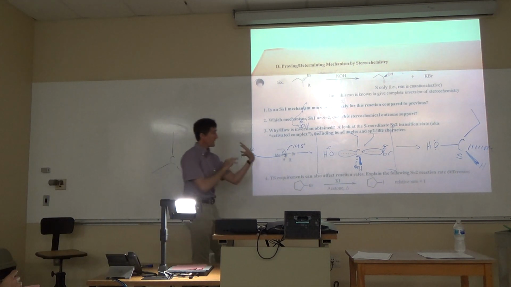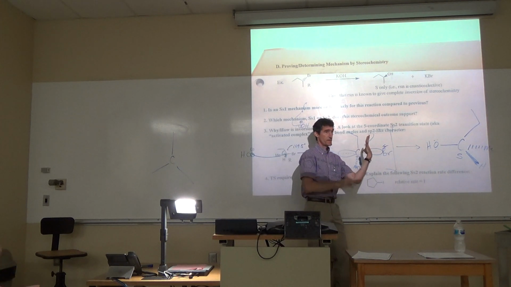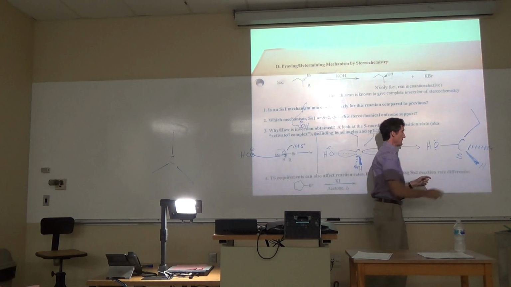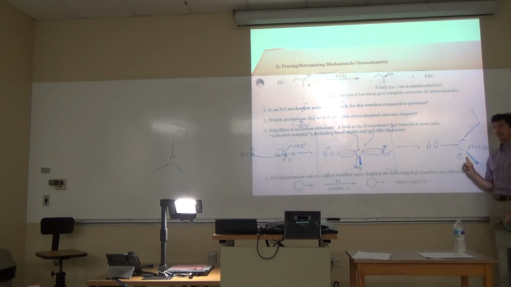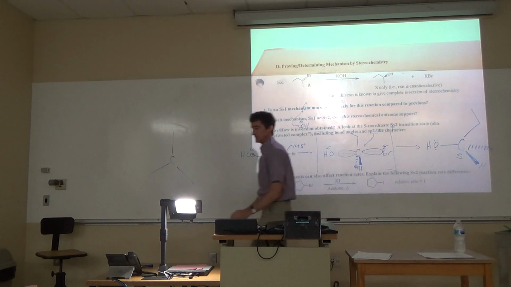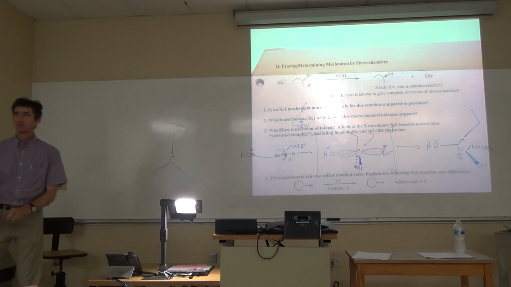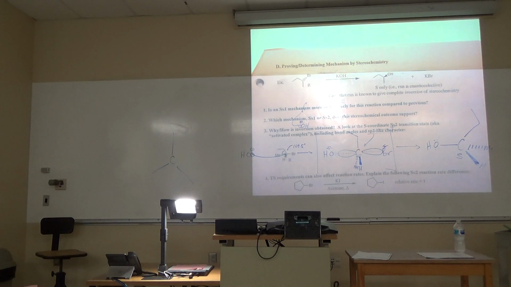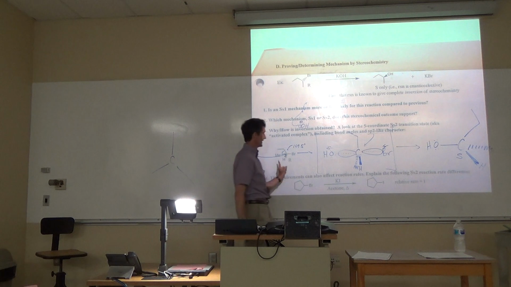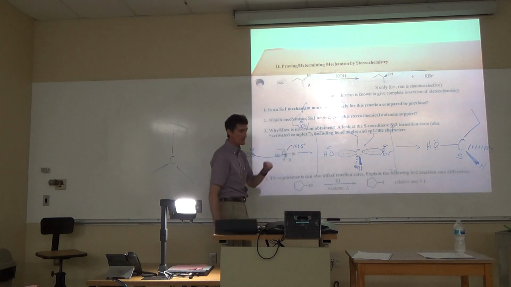It's passing through planar as it goes the other way. But the other way, trust me, this is now S. We went from R to S. Sometimes I have to not tell you because I don't want to confuse things. It is inverted. And this is how the inversion takes place.